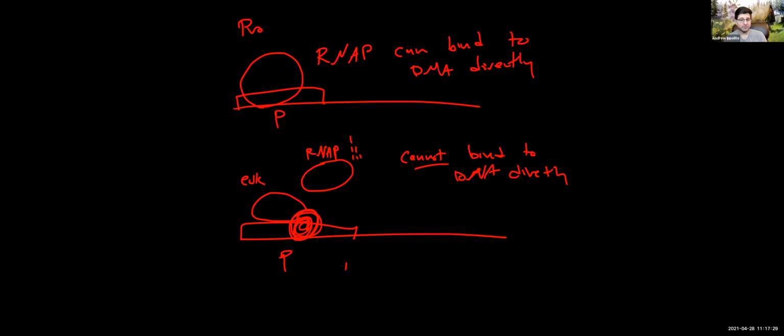So you would say that it is recruited to the promoter. RNA polymerase is recruited to the promoter by transcription factors. And I abbreviate transcription factors TF, or TFs.